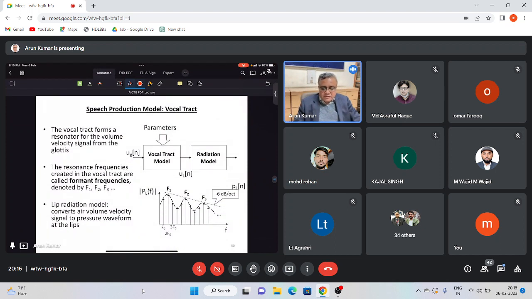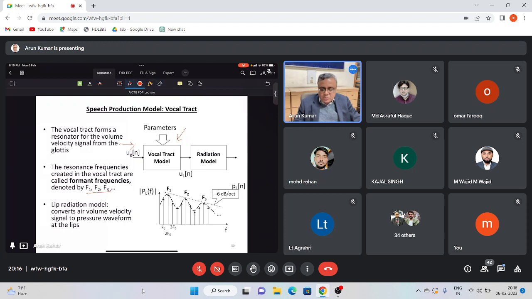So we now have this signal which gets into the vocal tract, that is UG of N from the earlier slide. Now we have to model the resonances of the vocal tract. The resonances of the vocal tract are the formant frequencies F1, F2, and F3.